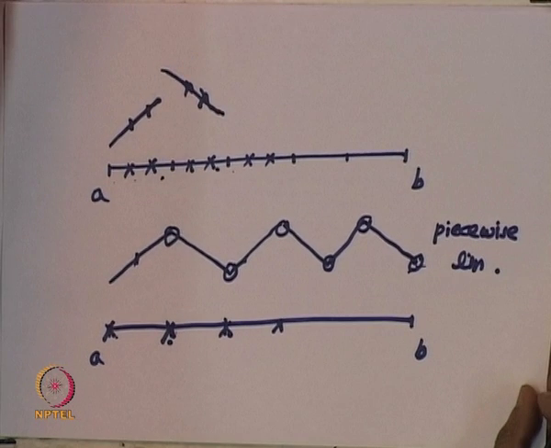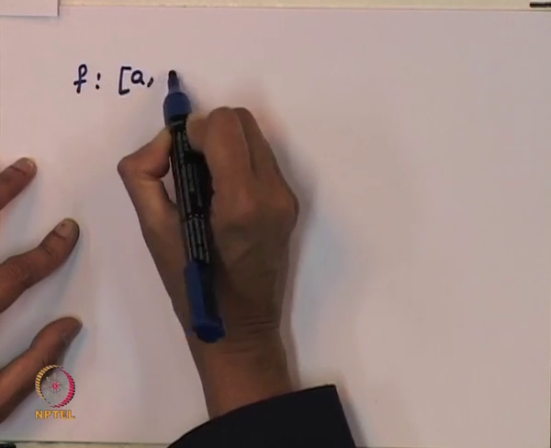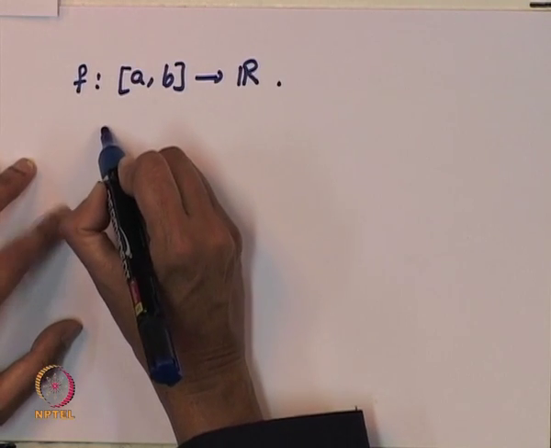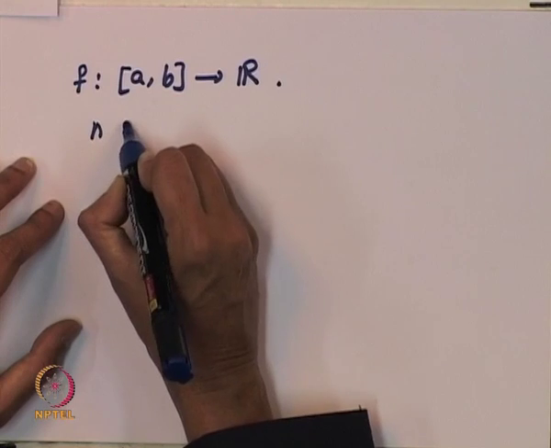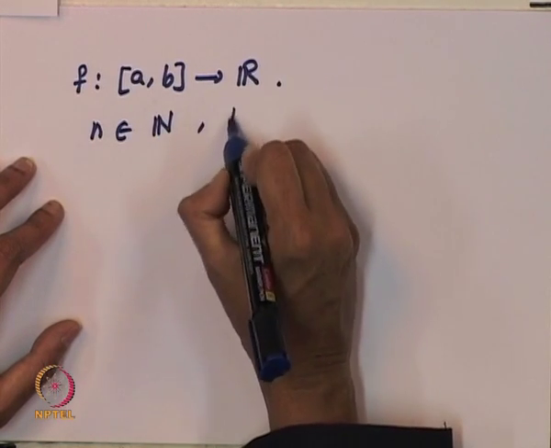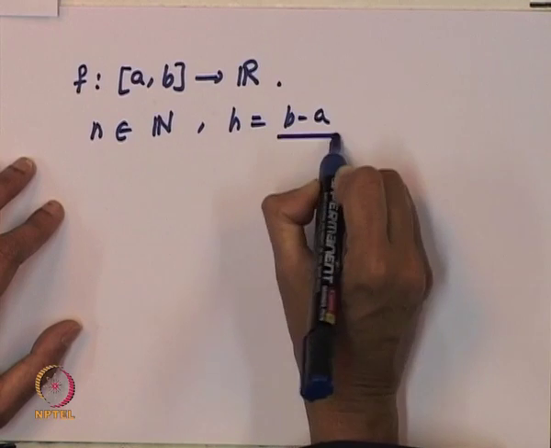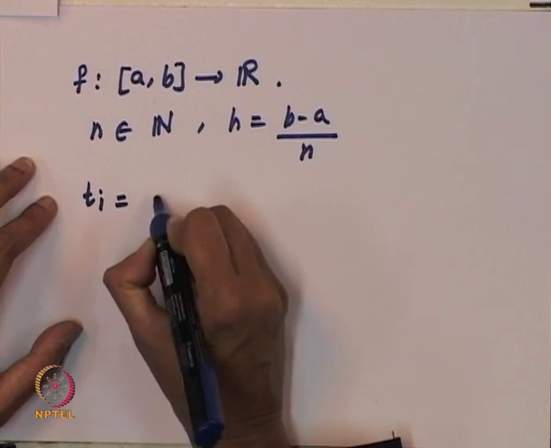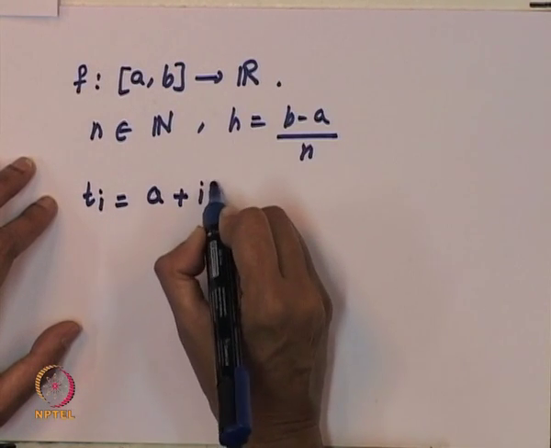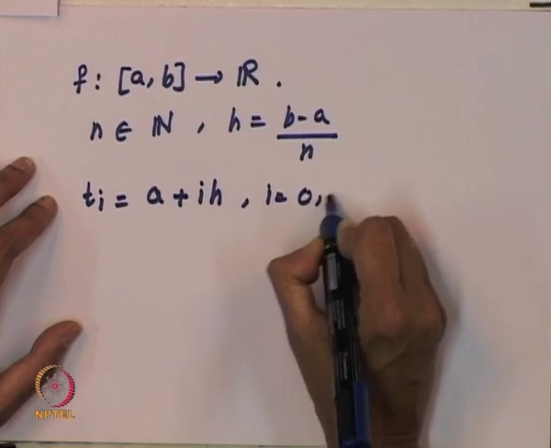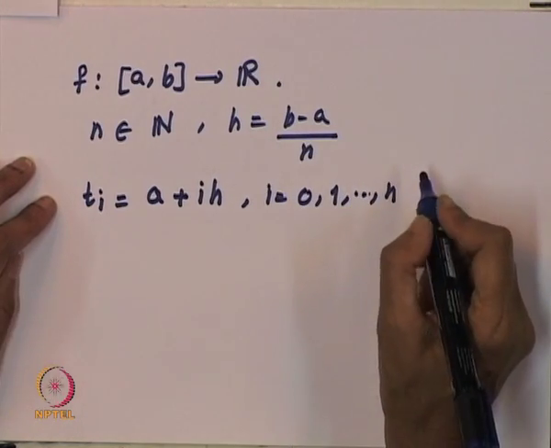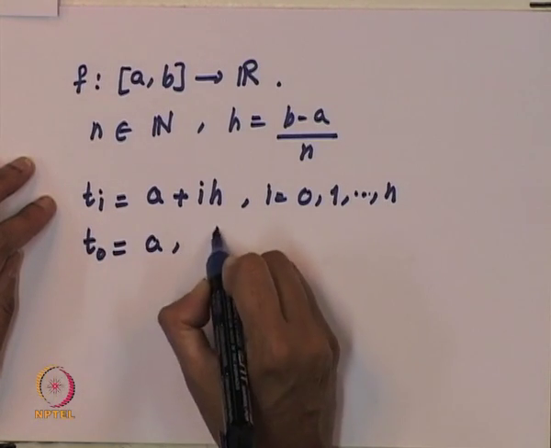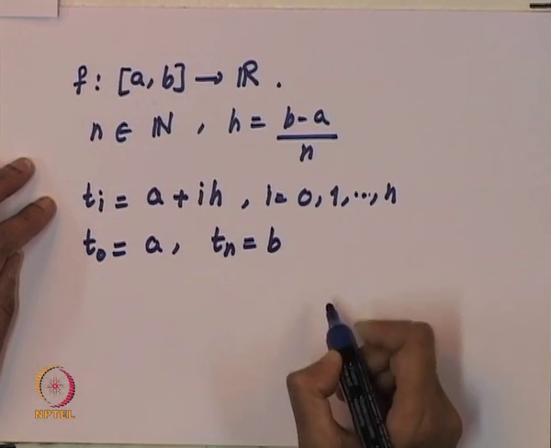So, we have, say, f from a b to R, then consider n to be a natural number, h to be b minus a divided by n, and t_i to be equal to a plus i h, i going from 0, 1 up to n. So, t_0 is going to be equal to a and t_n is going to be equal to b.